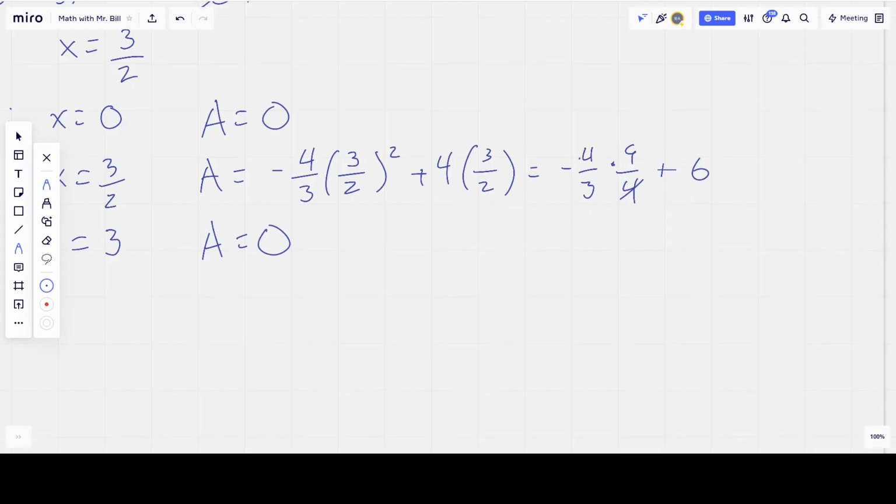The 4's cancel, and the 3 and the 9 reduce to 3. So we get negative 3 plus 6, which is 3. So the area of the biggest rectangle that can be inscribed in a 3, 4, 5 right triangle is 3.